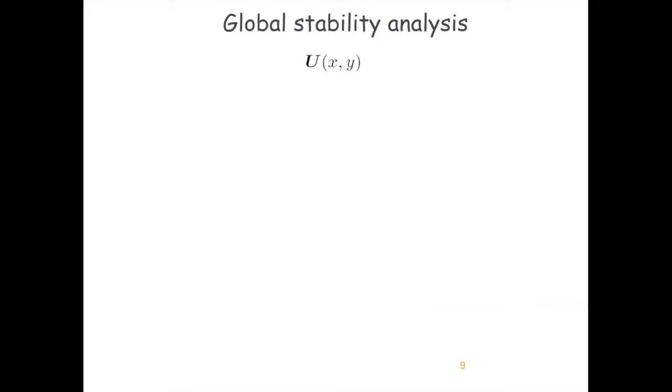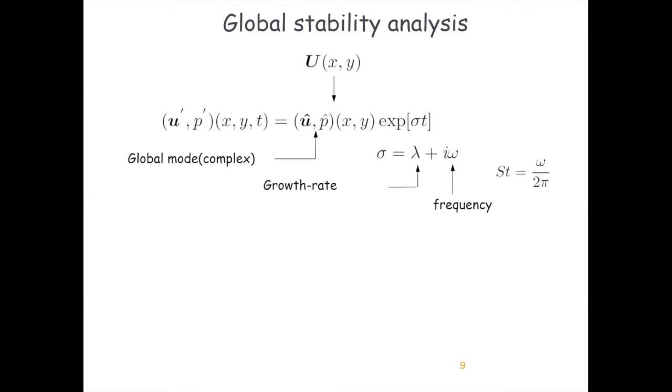Now, if on top of that, we take benefit of the fact that the base state is time invariant, we can do an exponential dependence ansatz for the time dependence, exponential to the sigma t, where sigma has a real part, which is the growth rate, and omega here, which is the frequency, and which can be turned into a Strouhal number if you divide it conveniently by 2 pi.